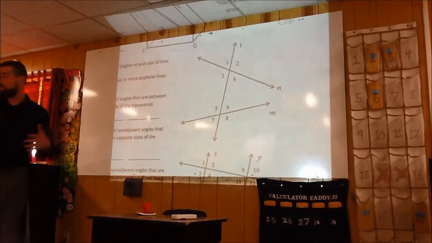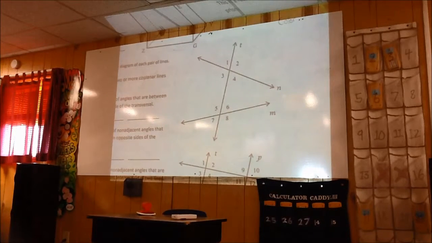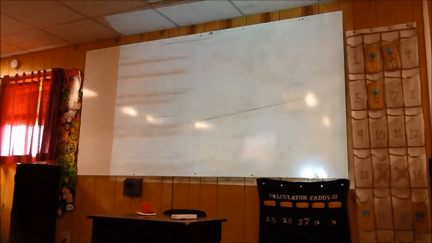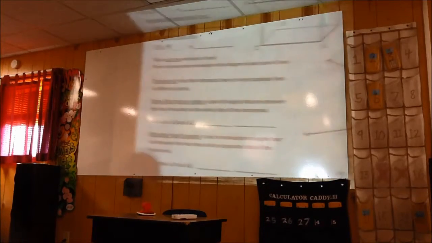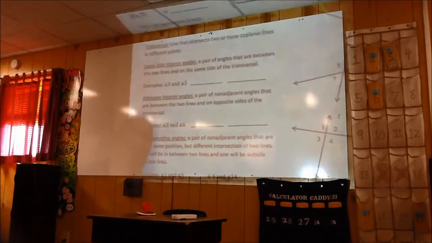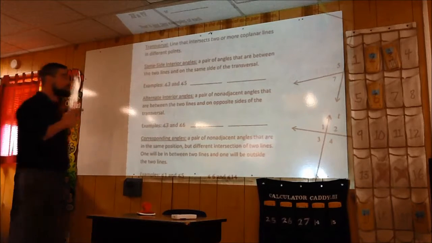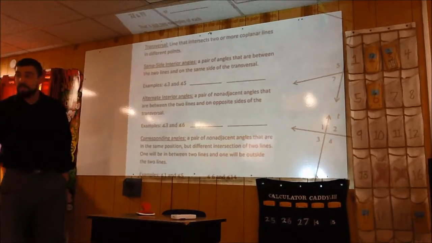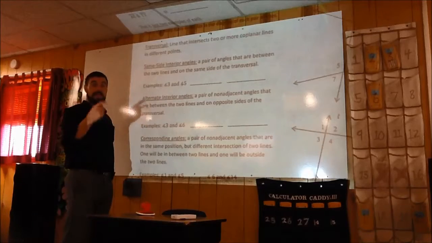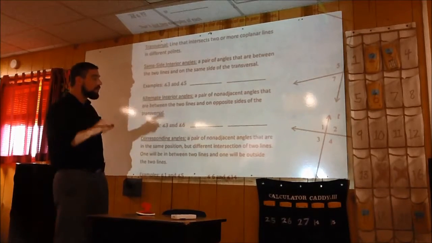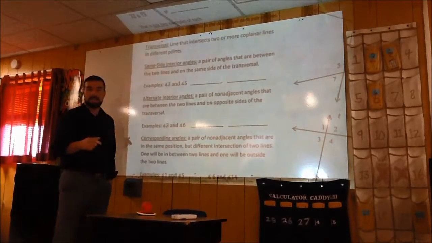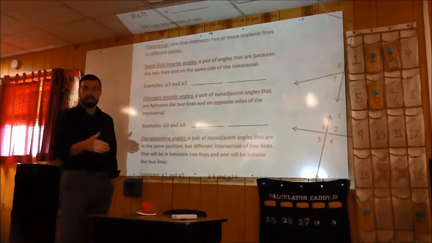The next type of angles that we're going to talk about are alternate interior angles. So go ahead and find that on your notes. Alternate interior angles are a pair of non-adjacent angles that are between the two lines, so in the interior, hence interior, and also on opposite sides of the transversal, hence alternate.